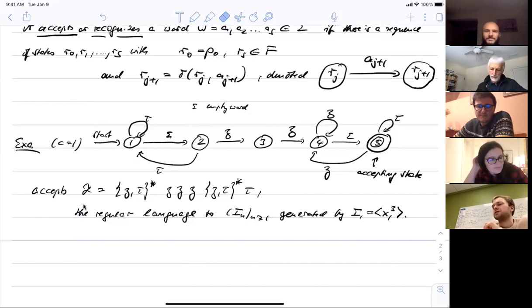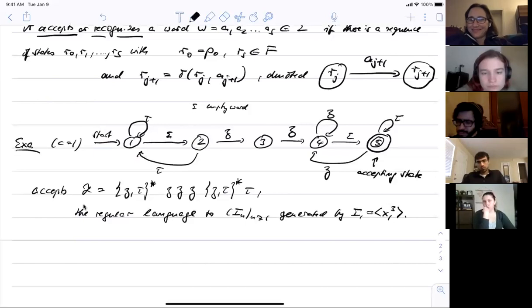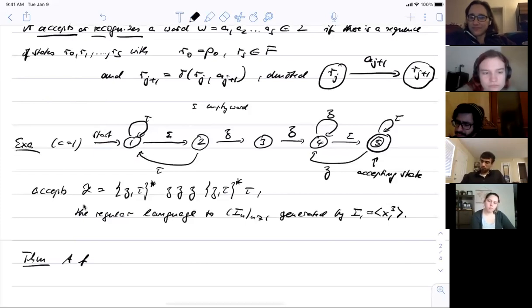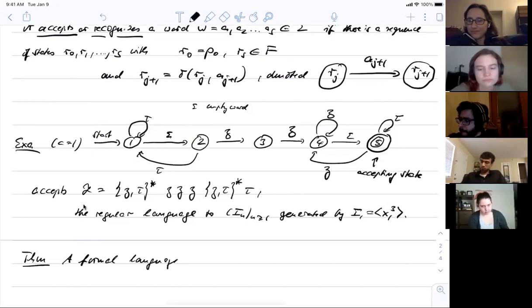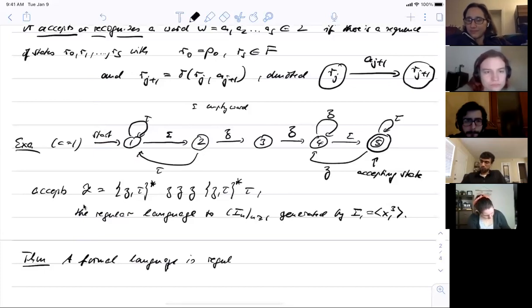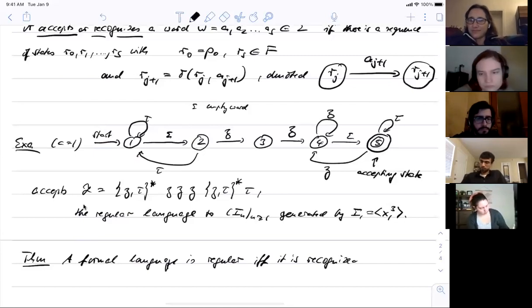But the point of this is the connection to regular languages, and that's the following beautiful result: a formal language is regular if and only if it is recognized by a finite automaton.